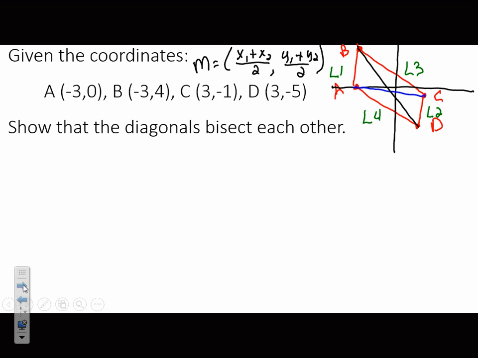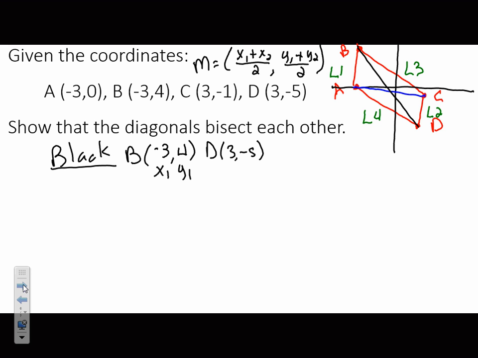So when we go ahead to plug this in, I'm going to do the black line first. I'm connecting B, which is negative 3, 4, and D, which is 3, negative 5. So I'll call this x1, y1, x2, y2. I'm going to plug this in.